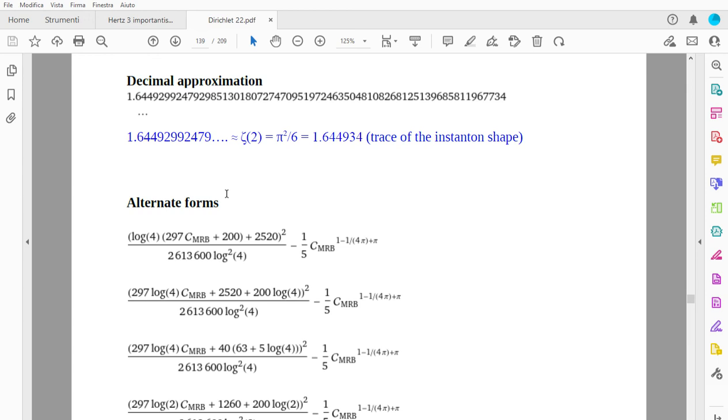Furthermore, zeta 2 and the golden ratio, we hypothesize that they can be connected to the geometric shapes, variety or Calabi-Yau space, that are formed by the compactification by the winding of the 6 or 7 additional dimensions that contemplate both the string theory and the M theory.